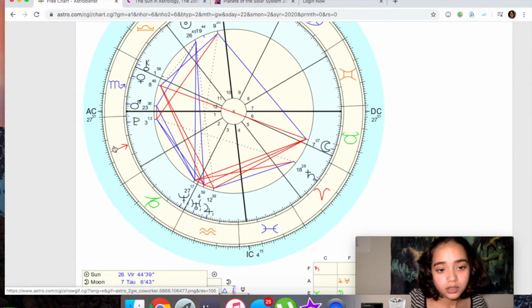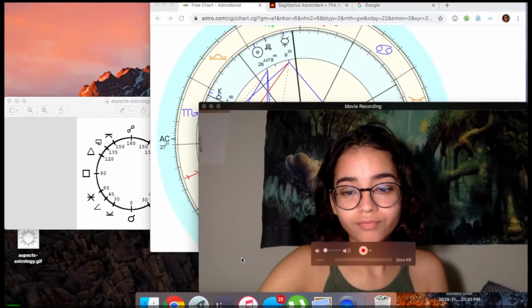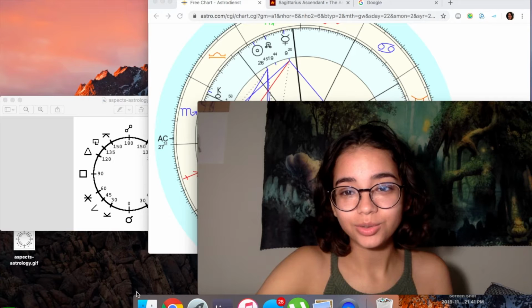So you can see what kind of mask you have and how people first see you by looking at what sign is in that house and where this ascendant is pointing to. Because as you can tell here, it's pointing into Scorpio, but the house is almost all in Sagittarius. Okay, meaning.